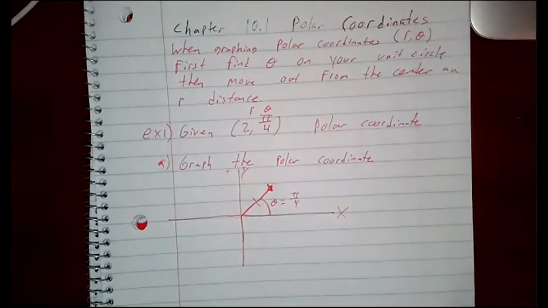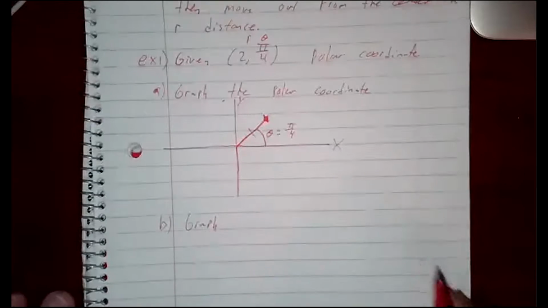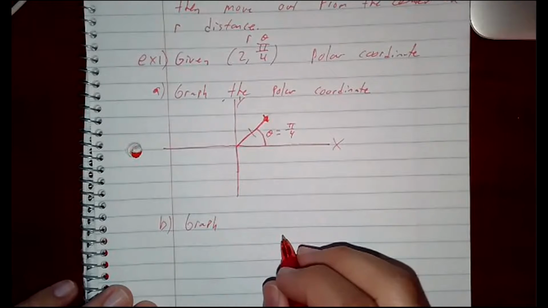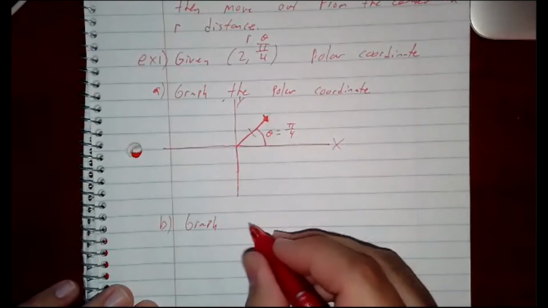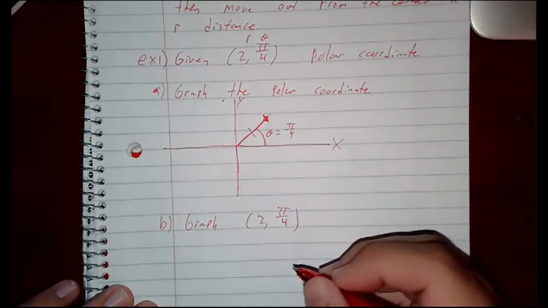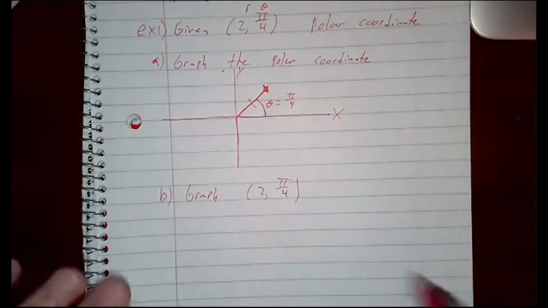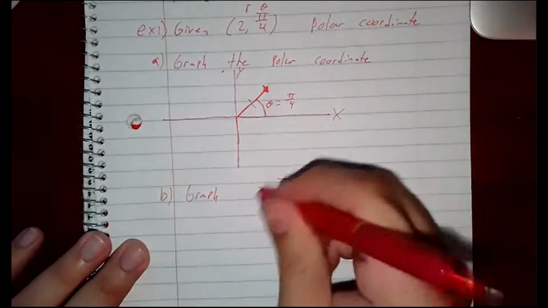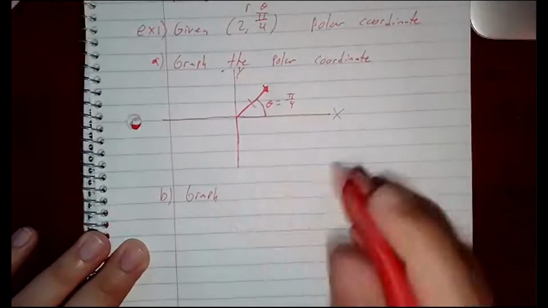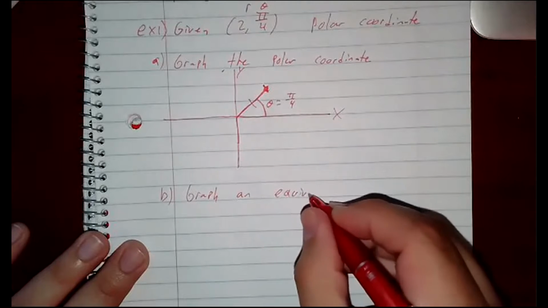Okay, let's go ahead and do one of those. Graph 2 comma pi over 4. Oh, sorry, this is the same one. Is this going to be B or example 2?